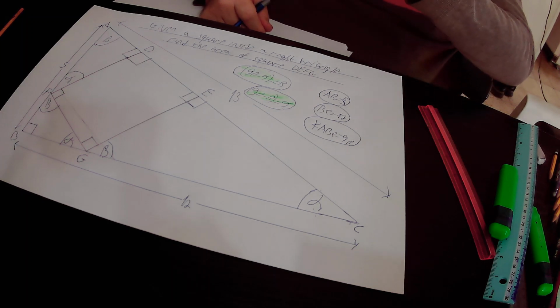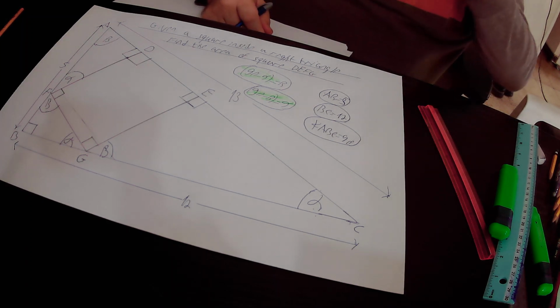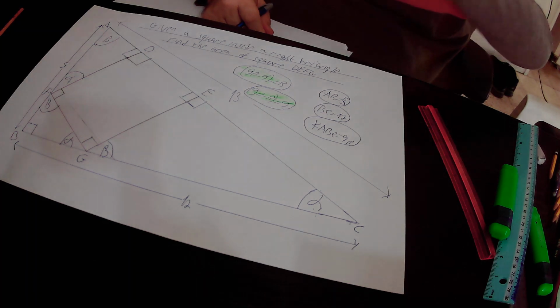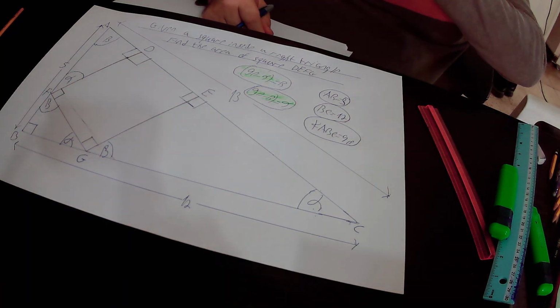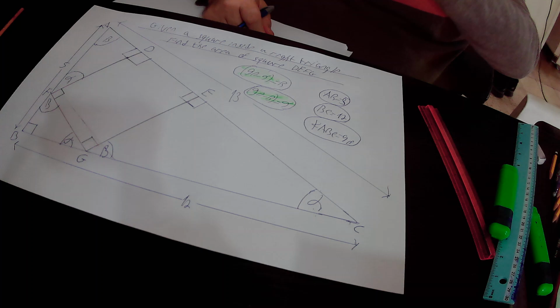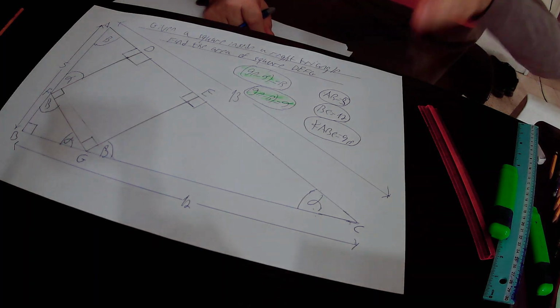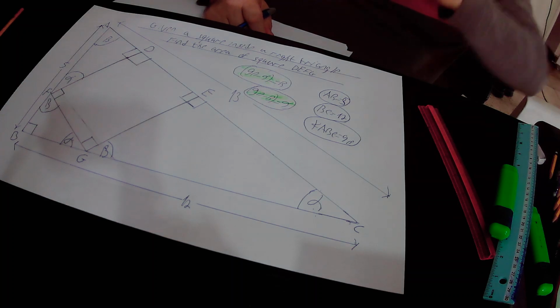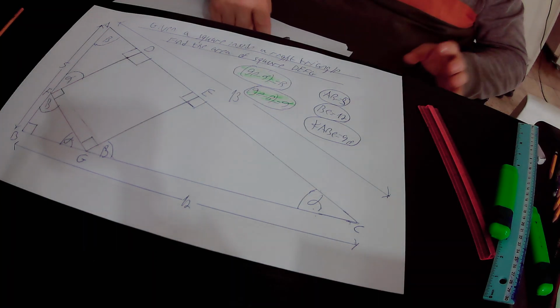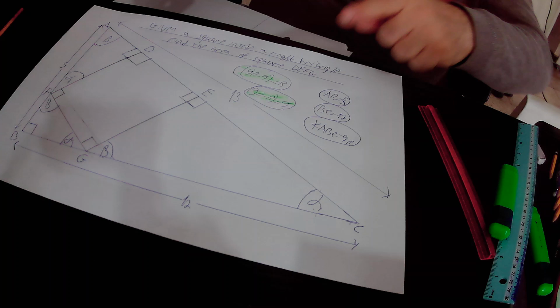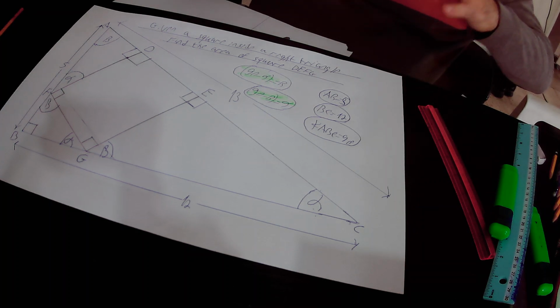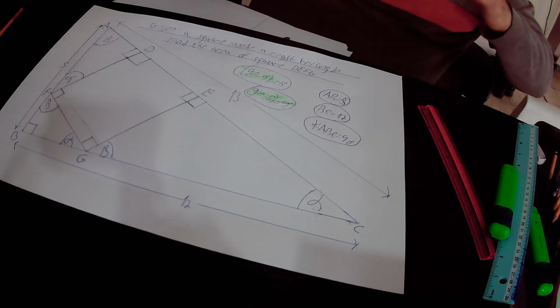That is to say, in each right triangle, the angles that we have are alpha, beta, and 90 degrees. So all the 4 right triangles are similar to each other according to the angle similarity rule.